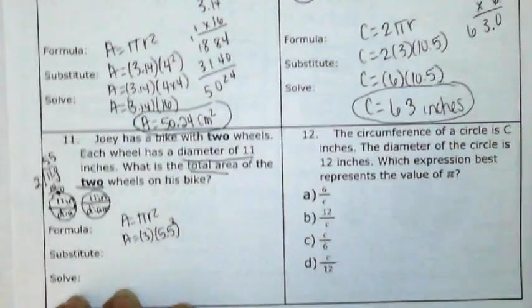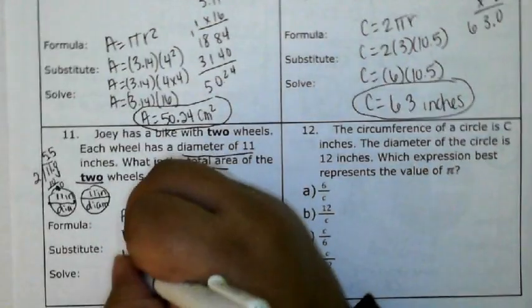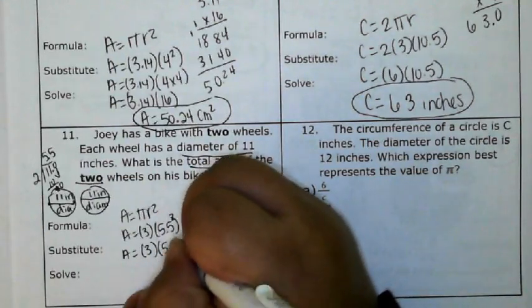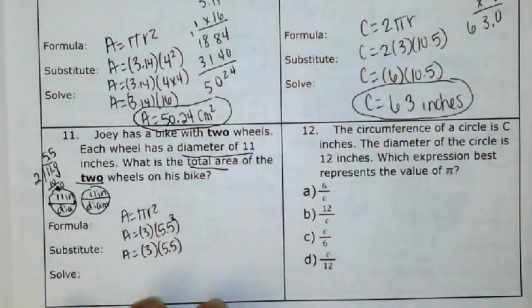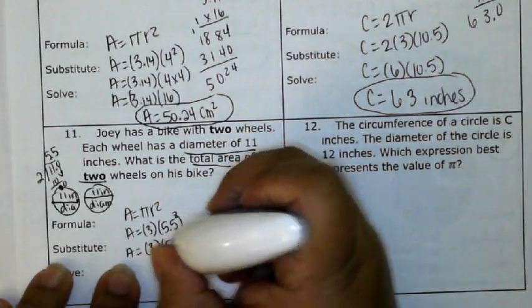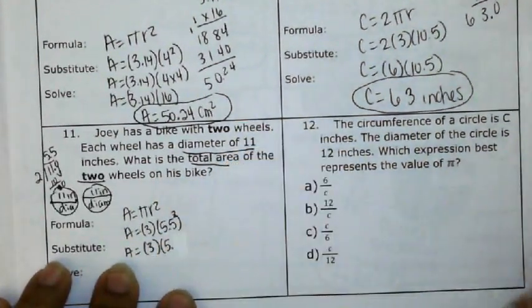Alright, so that means that I'm going to have 5.5 times 5.5. I closed it. Let's open it back up. Sorry guys. Okay, 5.5 times 5.5. Okay, alright.